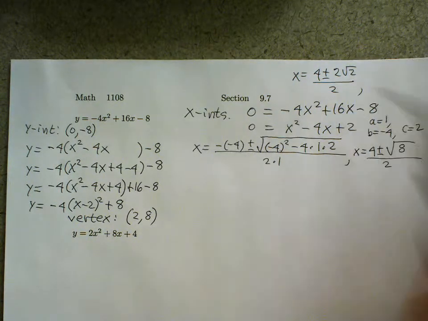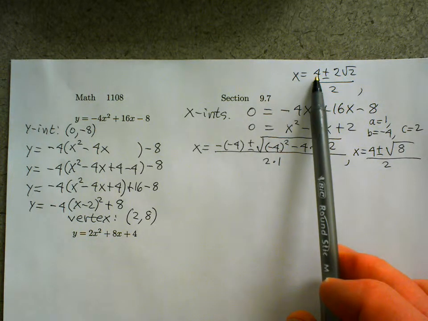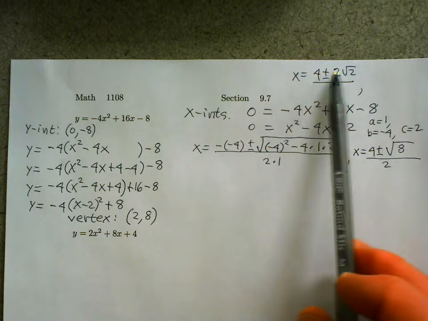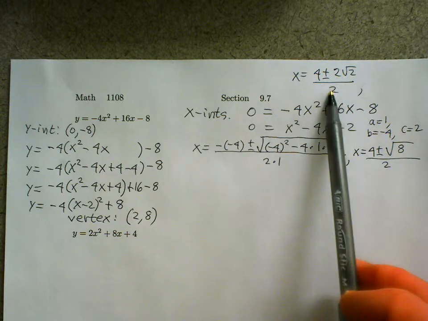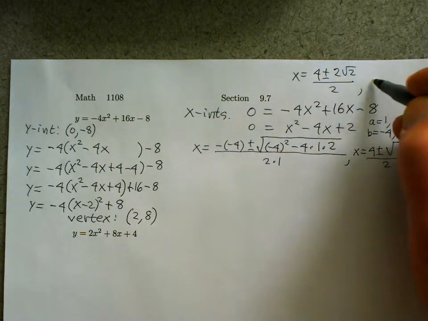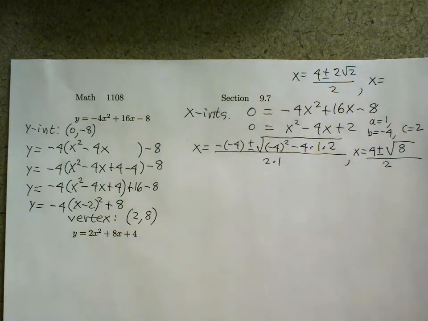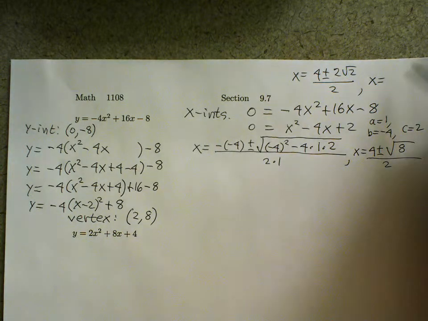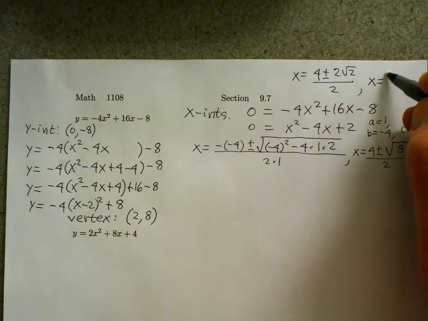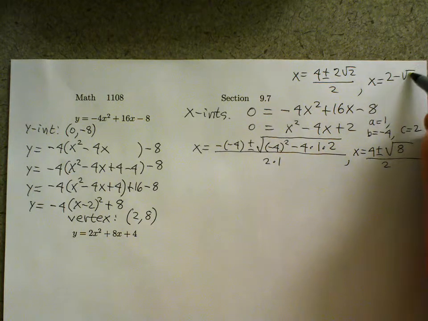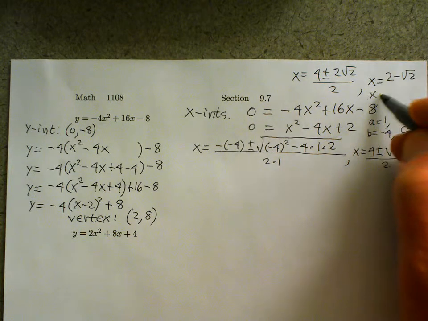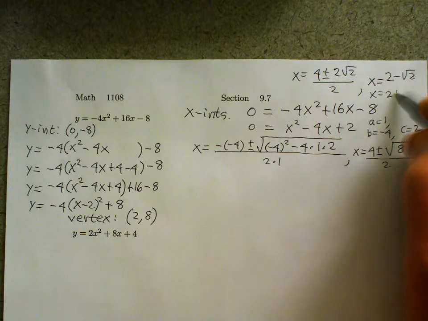And then we can cancel one factor of 2 from all of the terms in the numerator and denominator. So one x-intercept is 2 minus the square root of 2, and the other x-intercept is 2 plus the square root of 2.